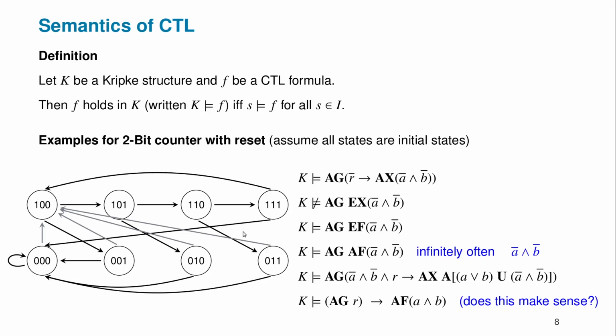Yeah, and with LTL, this would not be a problem. Because then I would not quantify over all branches, but I would first pick a path, and then I could reason about this path.